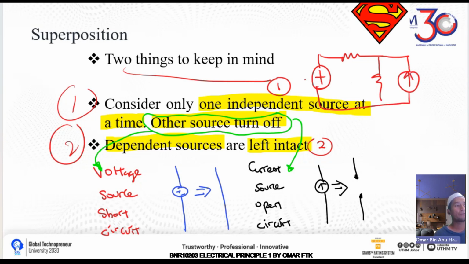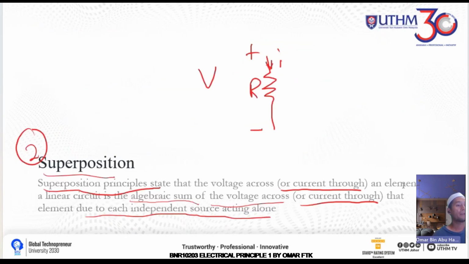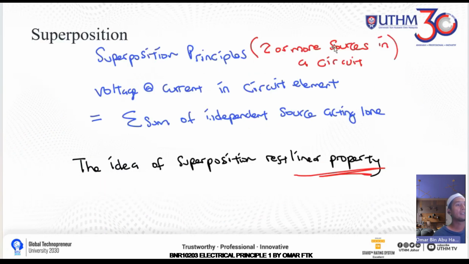In the superposition, it's mentioned that if you have two or more voltage or current sources in your circuit, then you have to select one at a time.